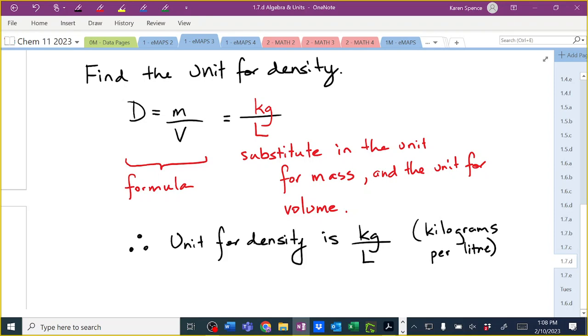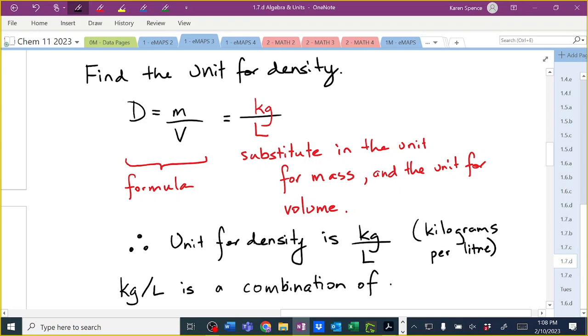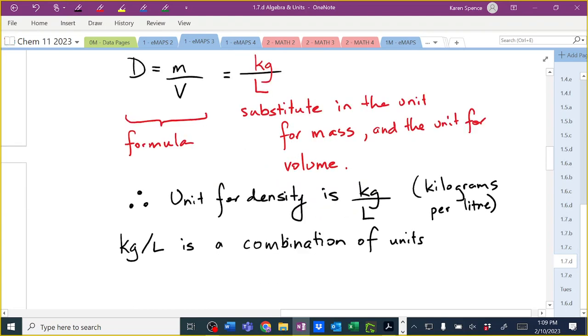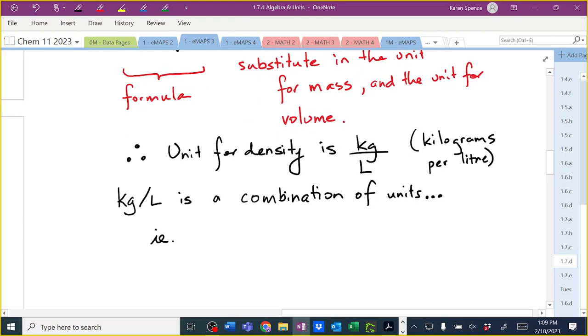So kilograms per liter is a combination of two units. It's a combination of units. Does anyone remember what we call a combination of units? And if you're wondering what IE stands for, it is from the Latin id est.